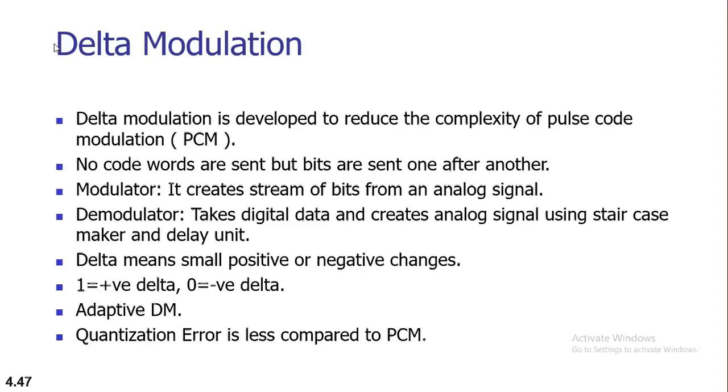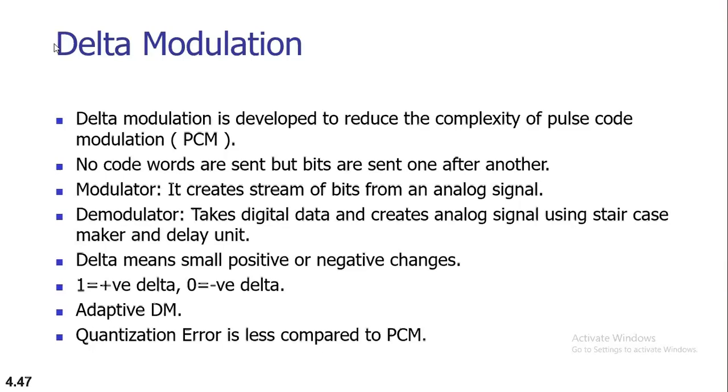The modulator at the sender side takes the input as an analog signal, and with the help of a comparator, delay unit and staircase maker, it generates digital data. And the demodulator at the receiver end takes the input of digital data, and with the help of a staircase maker and delay unit, it generates an analog signal.